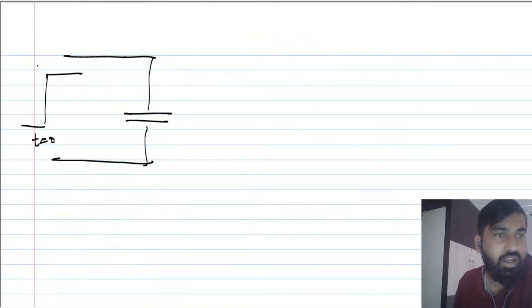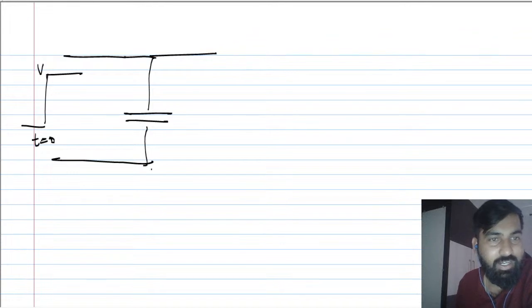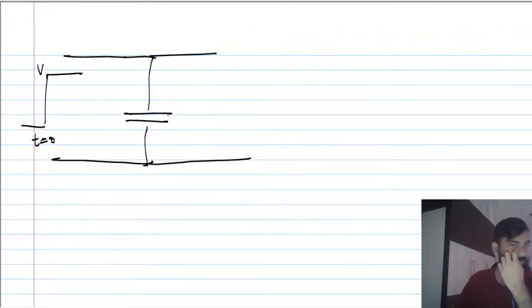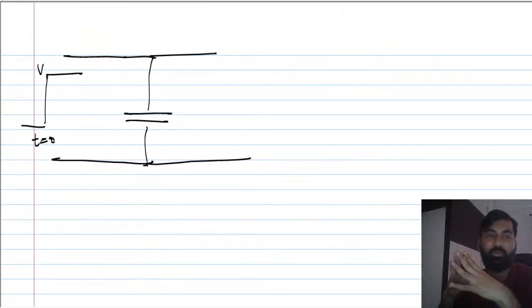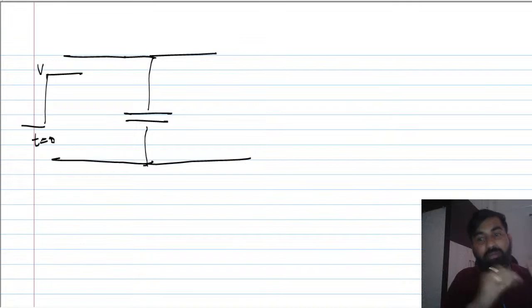Can somebody tell me, can we replace this capacitor by short circuit? What will happen if you replace this capacitor by short circuit? Initially your capacitor is not charged, and if you are going to apply the step, can we replace this capacitor by short circuit? That is a very important concept.